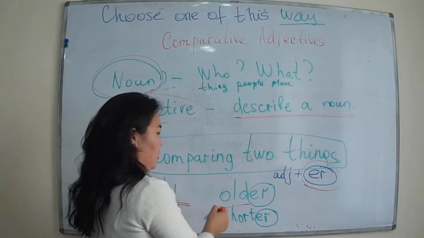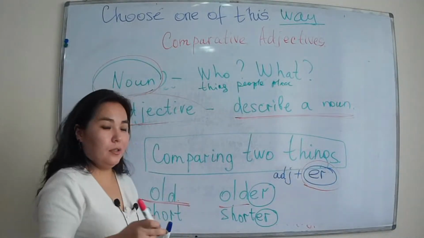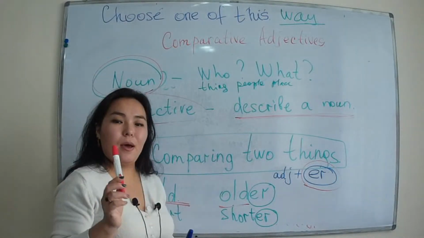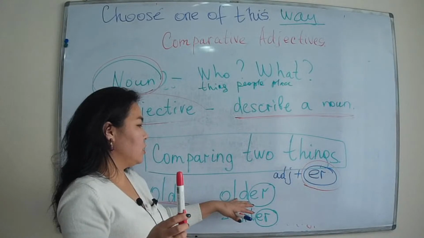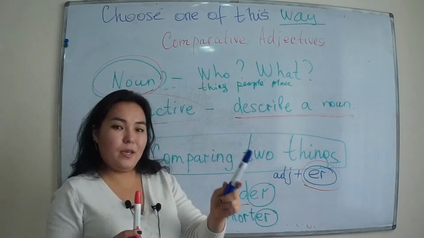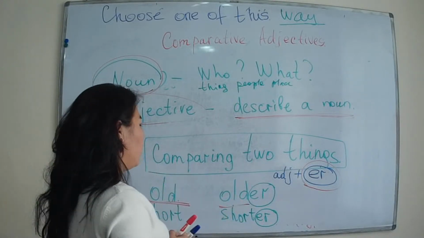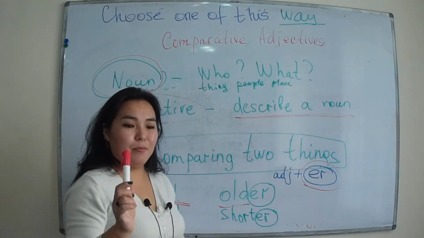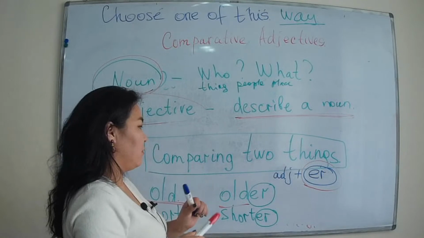And we say this red marker is older than the blue marker. So it turns out that the red marker is older than the blue marker.